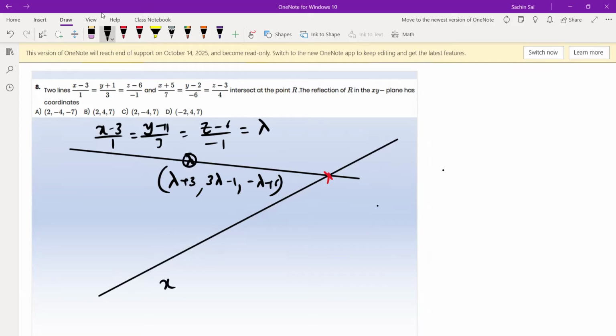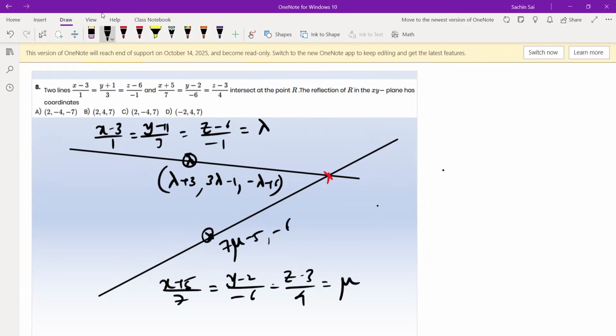Similarly, to get a general point on the second line, (x plus 5) by 7 equals (y minus 2) by minus 6 equals (z minus 3) by 4, equated to some parameter mu, right? So you get a general point on the second line, which is (7 mu minus 5, minus 6 mu plus 2, 4 mu plus 3), right?